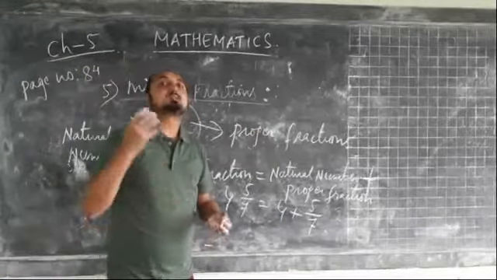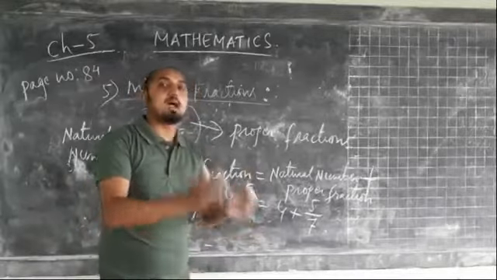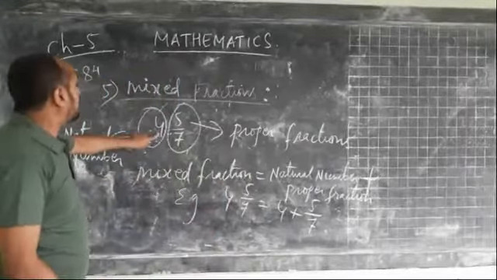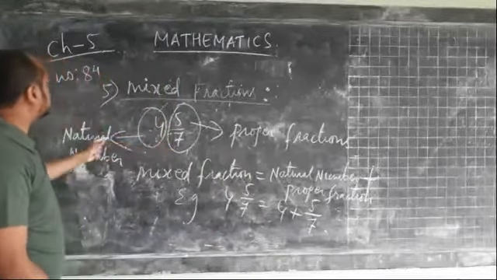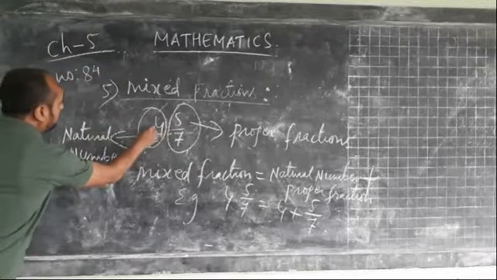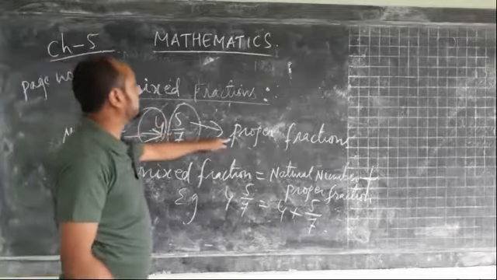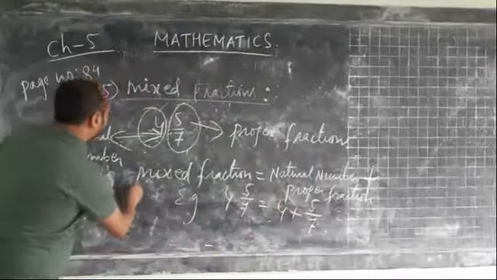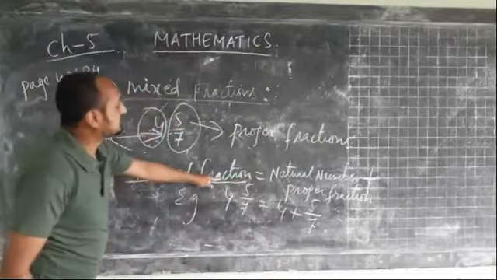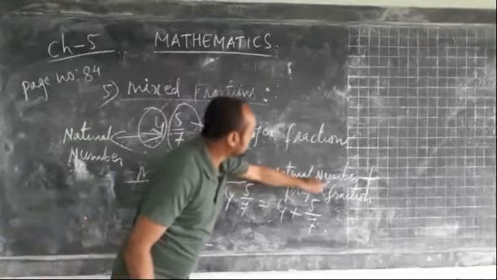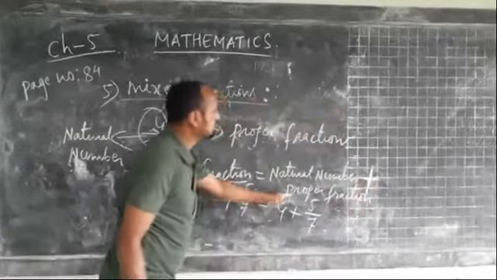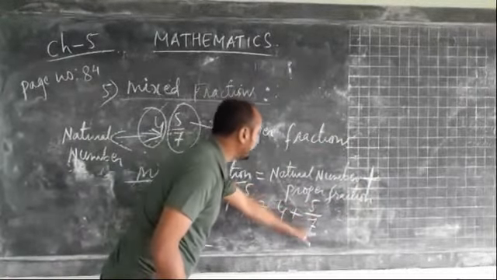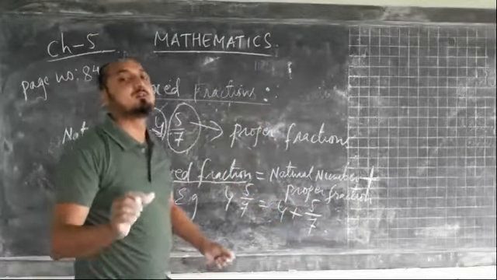The fraction consisting of a natural number and a proper fraction. This 4 5 by 7 consists of a natural number, this 4 is our natural number and 5 by 7 is our proper fraction. So that type of fraction is called a mixed fraction. So here I have given one more example. This mixed fraction equals natural number plus proper fraction. So here 4 5 by 7 can be written as 4 plus 5 by 7. So this is the case of a mixed fraction.